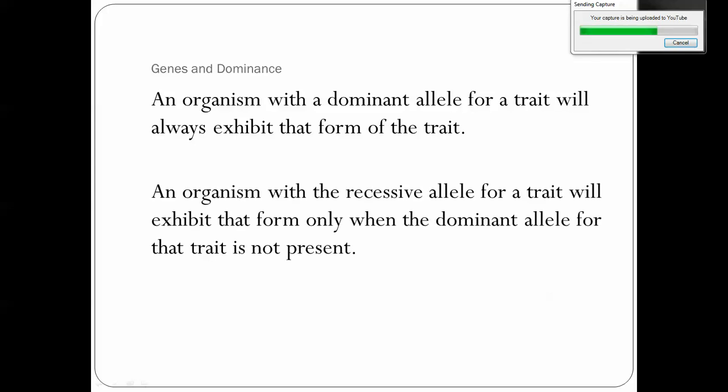And an organism with a recessive allele for a trait will exhibit that form only when the dominant allele for the trait is not present. There are two alleles for each gene, so it would have to be two short alleles in order for the pea plant to be short. They will never be short if the tall is present.